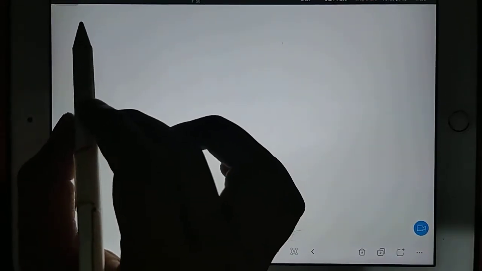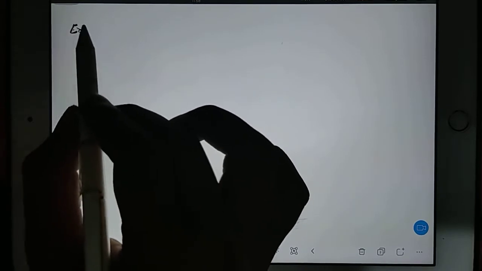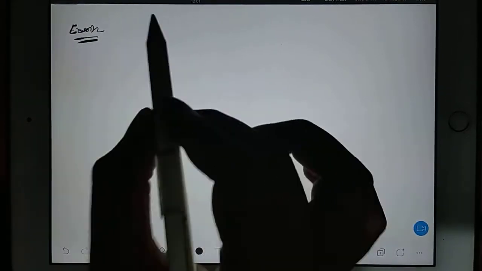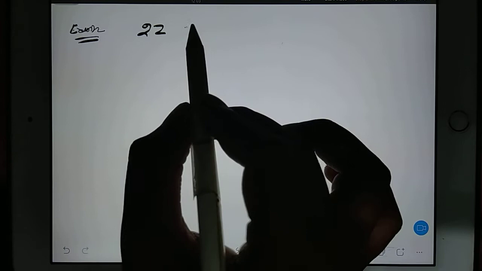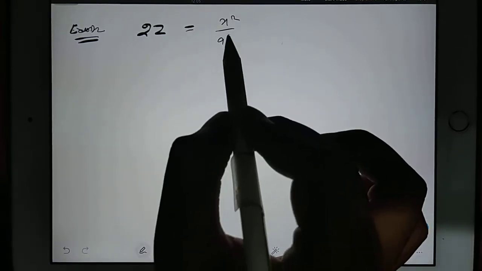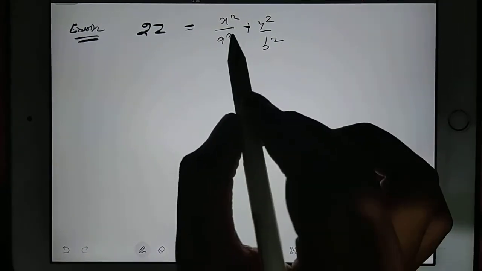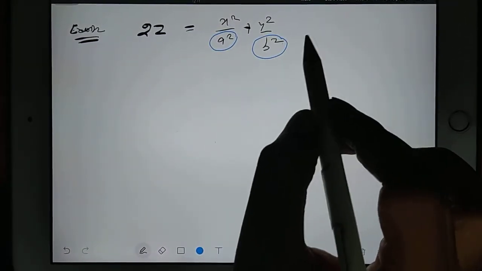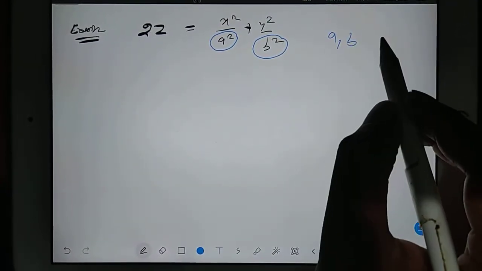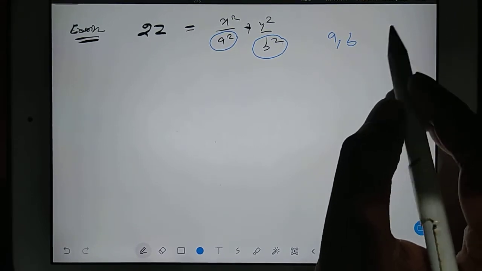We'll start with one example. Suppose the equation is given as 2z is equal to x square by a square plus y square by b square. Now you see here this a and b is written. This a and b, you will call them arbitrary constants.